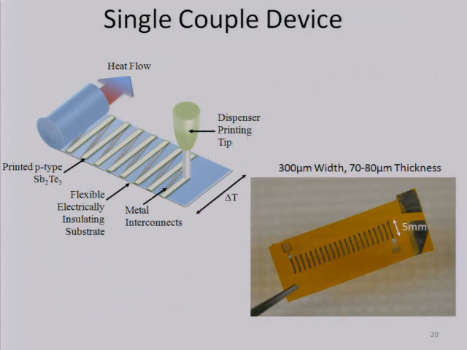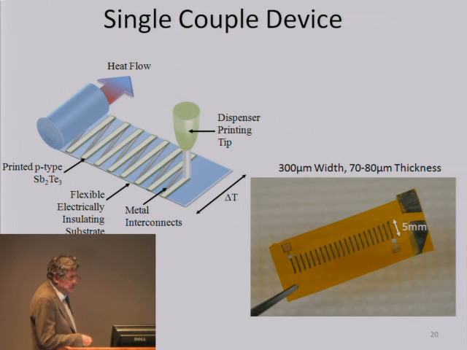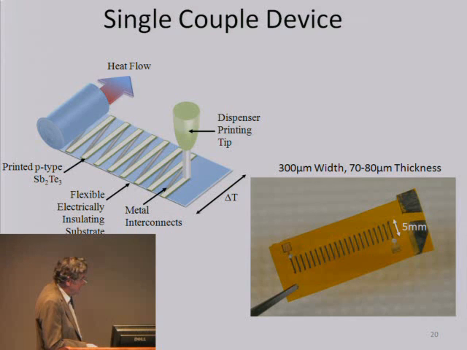So an alternative we've examined is this one. This is what we call a single couple device where we've used only one semiconductor material, and that happens to be the P-type, and this is the better material of the two in terms of its electrical conductivity, and we've simply printed then an interconnect from that end of the bismuth telluride strip to this end of the next bismuth telluride strip to see how this would work, and that's what it looks like there.